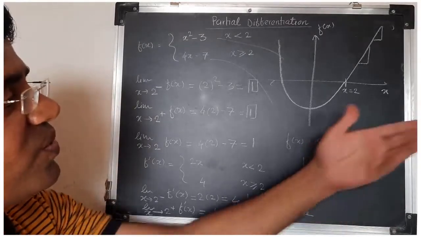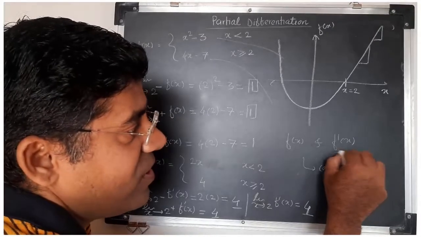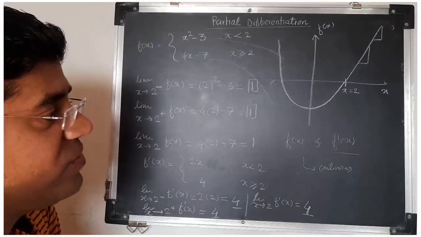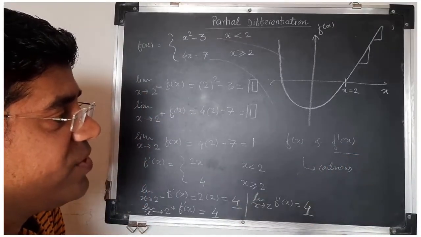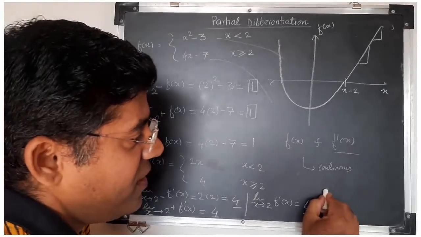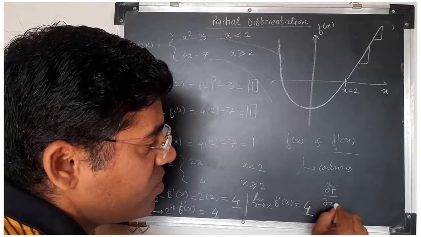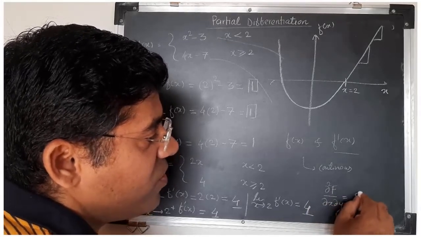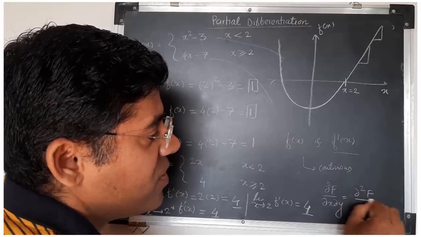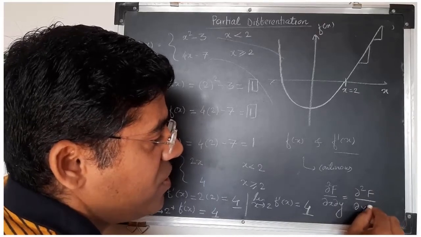You can go to the higher derivatives also. So the conclusion is that the function and its derivative should be continuous, then we can write f dash of 2, which is equal to this.